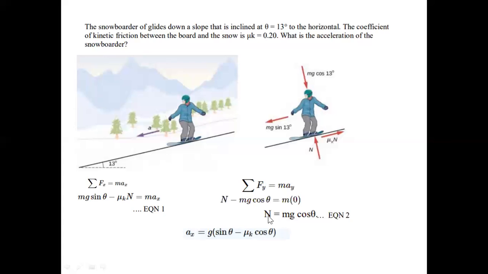Substituting the second equation into the first equation gives us ax is equal to gravity times sine of theta minus the coefficient of friction times cosine of theta. Now, if we're going to substitute our values, this gives us the following: the gravity at 9.8 times sine 13 degrees minus our kinetic coefficient of friction at 0.2 times cosine of our angle 13 degrees, or this gives us 0.29 meters per second squared for this problem.